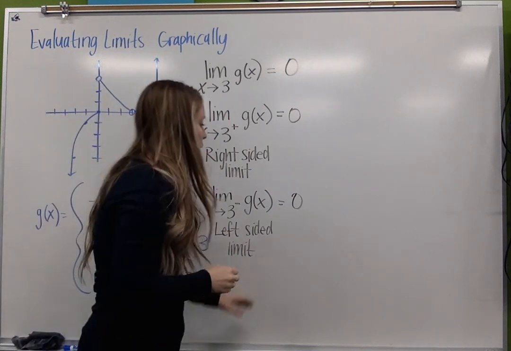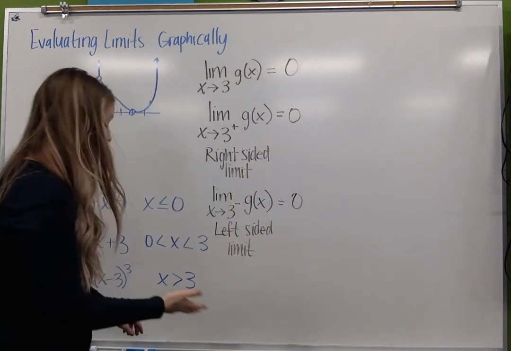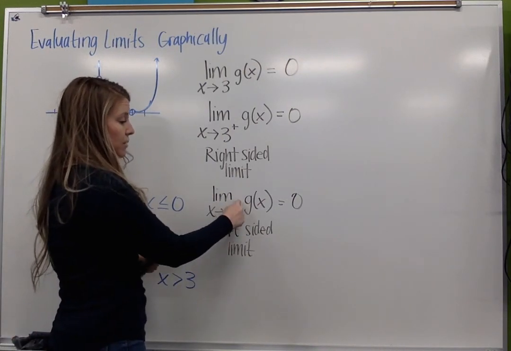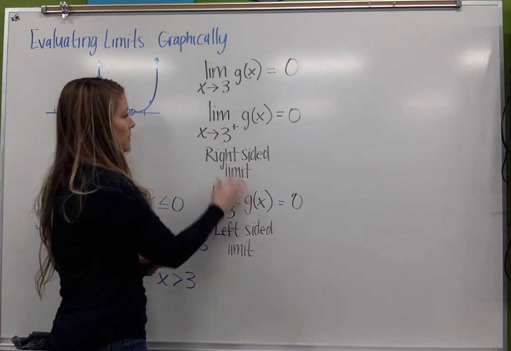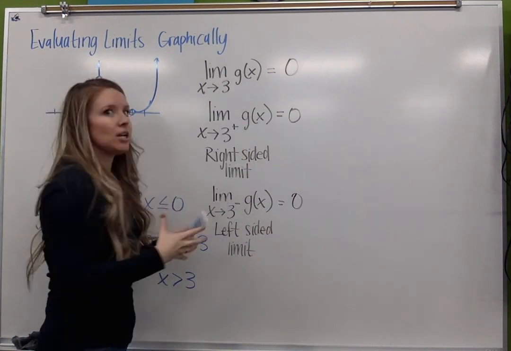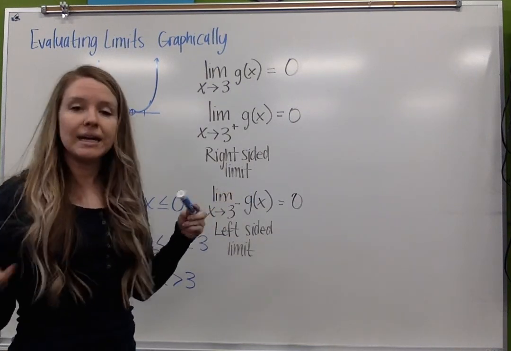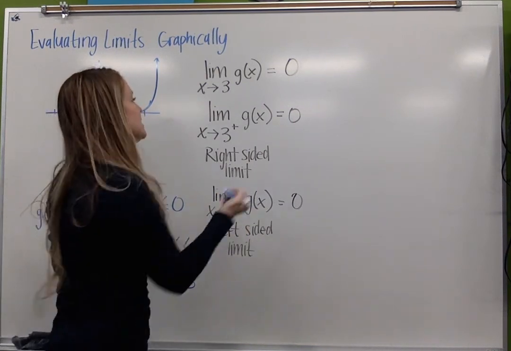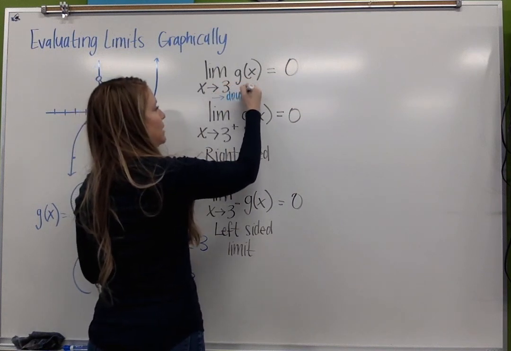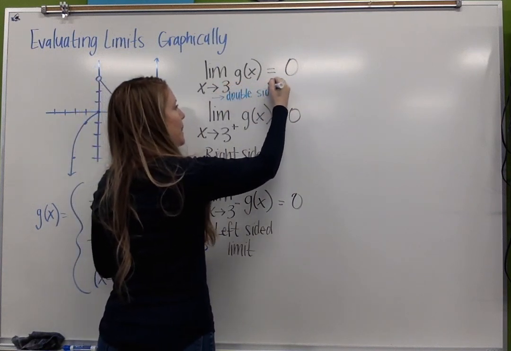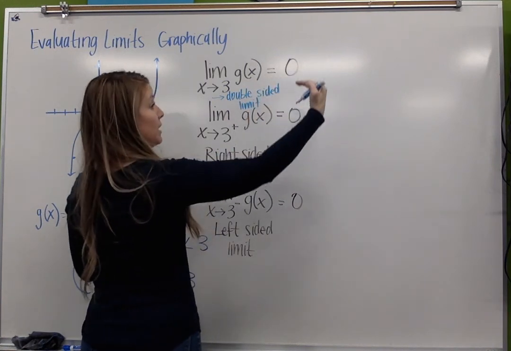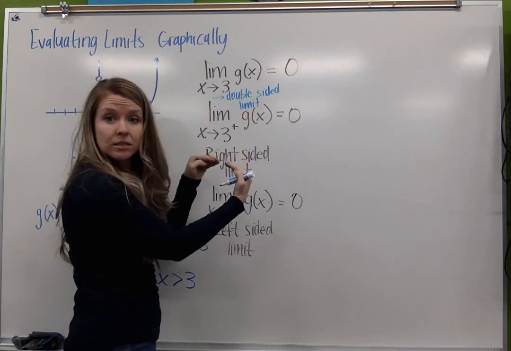The reason we go through this, for one, is to understand this notation. 3 with a minus is left-sided. 3 with a plus is right-sided. And when you see just a 3 or a 7 or a negative 8, whatever that number is, this is a double-sided or a two-sided limit. That means we're coming in from the left and the right.